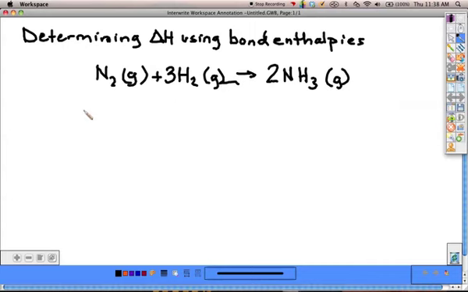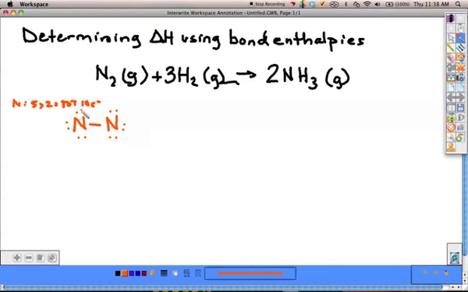One helpful thing to do with this is always to take a look at what bonds are actually formed here, using some Lewis structures. I know that nitrogen has 5 valence electrons, and since I have 2 nitrogens, I'm going to have a total of 10 electrons in my Lewis structure for nitrogen. If I was to do it as a single bond, I would have too many electrons overall to meet the octet rule for each, because I have 8, 10, 12, 14.